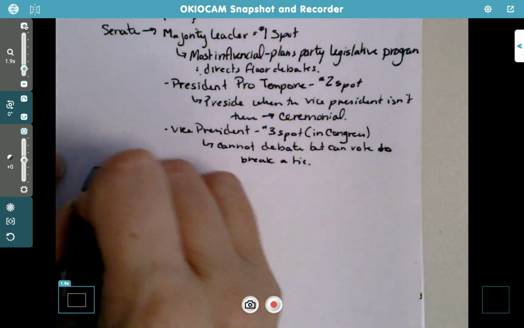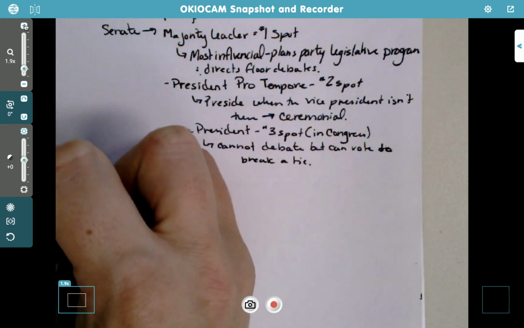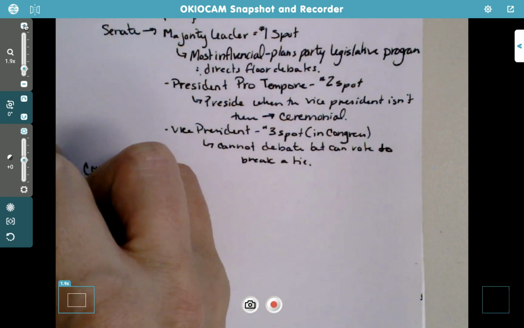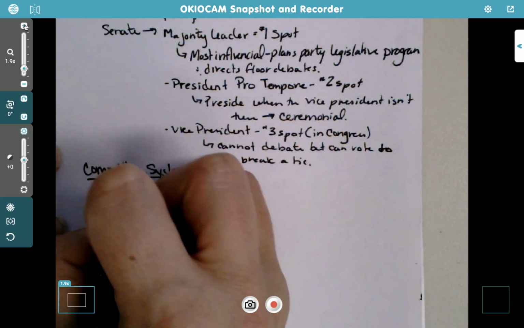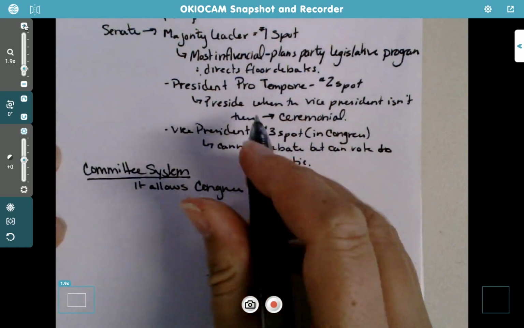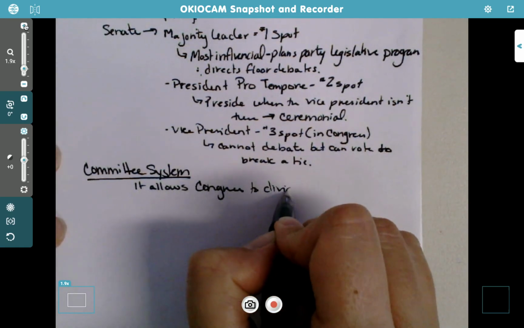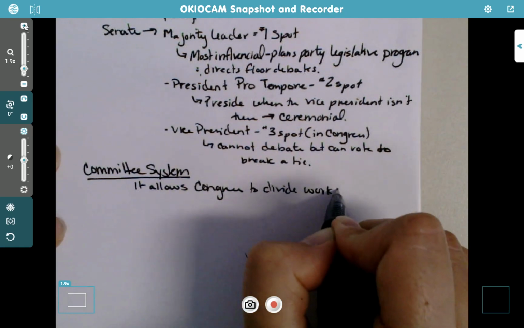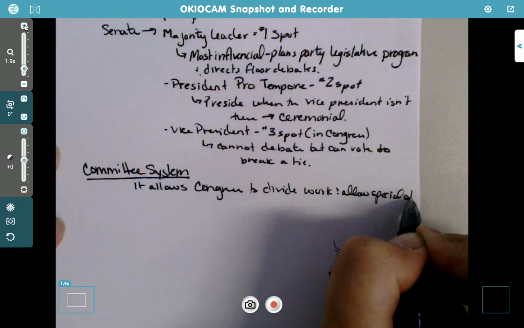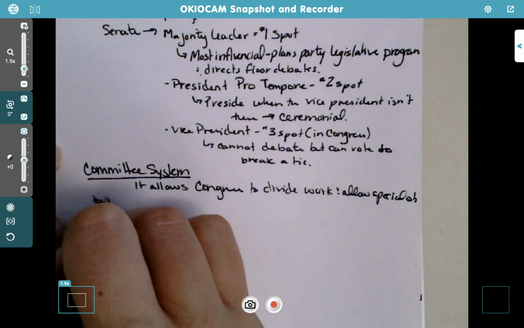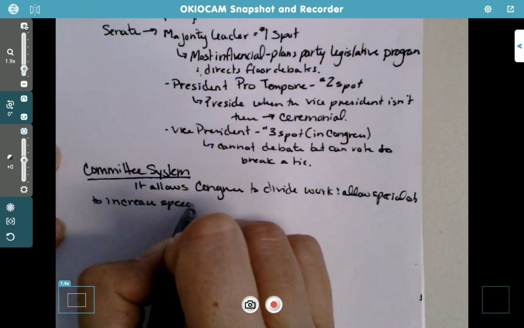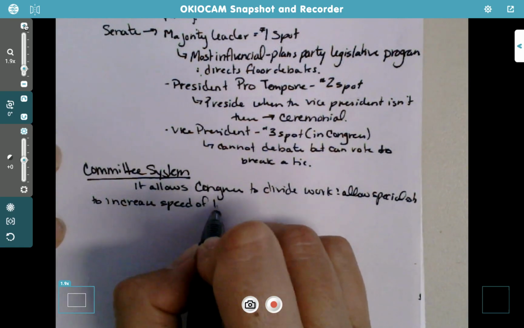Okay, your next subheading is committee system. It allows Congress to divide work and allow specialists to increase speed of legislation.